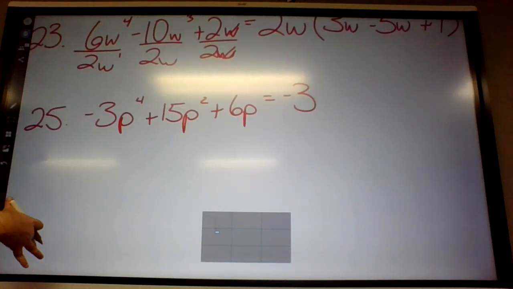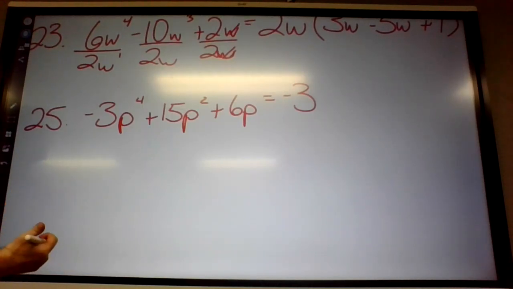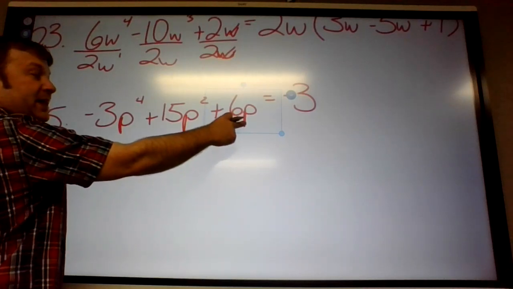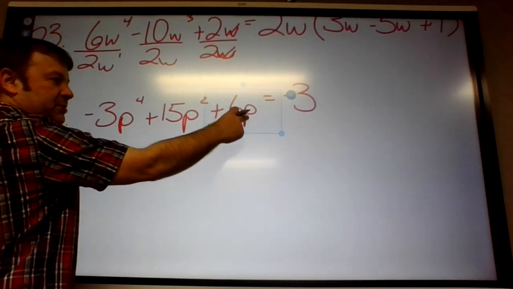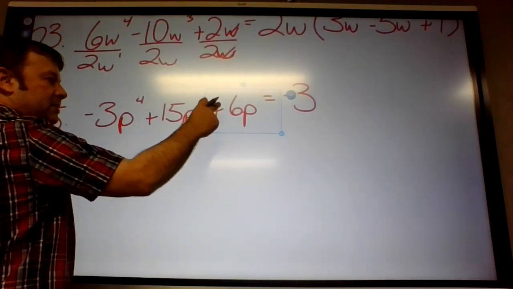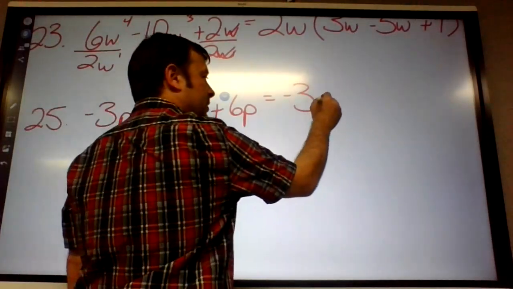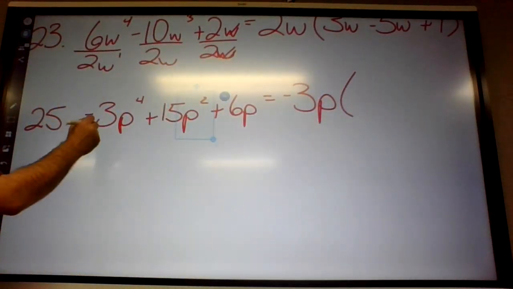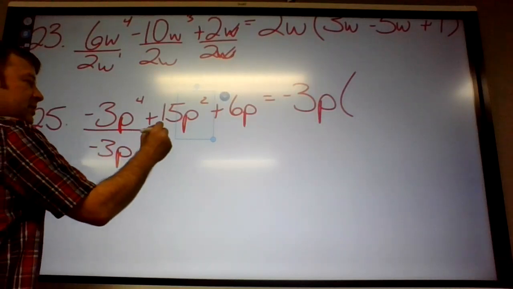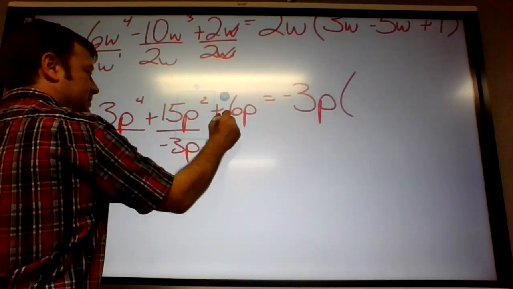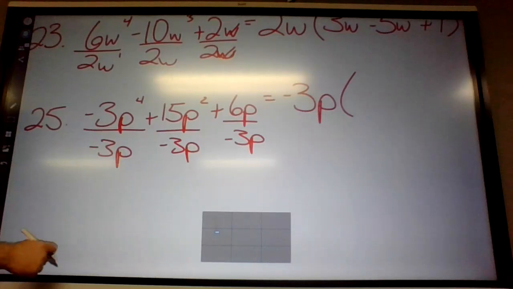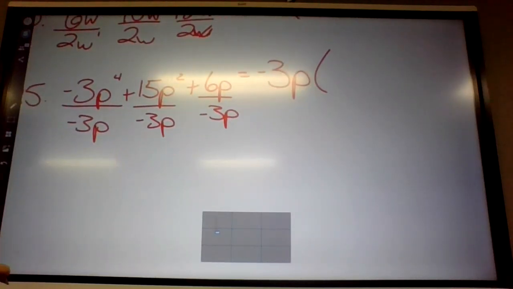They all have at least how many p's? 1. We can't take out 2 because there's only 1 in this one, right? Yeah, so they all have at least 1 p. Okay, so what we're taking out is negative 3p. We haven't taken the negative out yet. Normally you probably wouldn't, but this is the one problem you might want to.